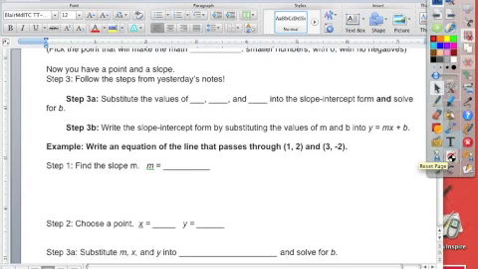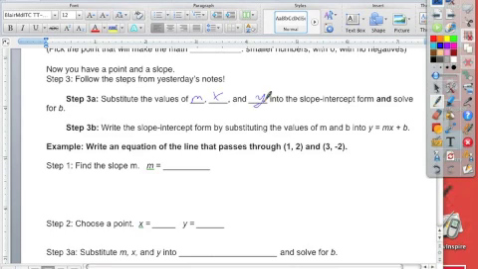We're going to substitute the values of m, x, and y into the slope-intercept form to solve for b.